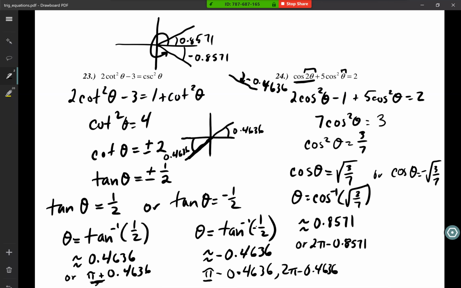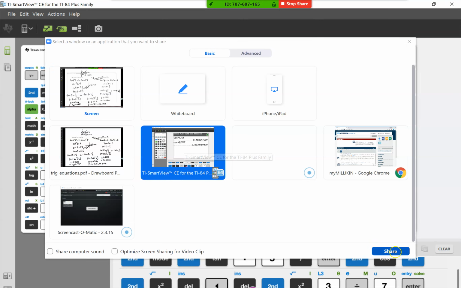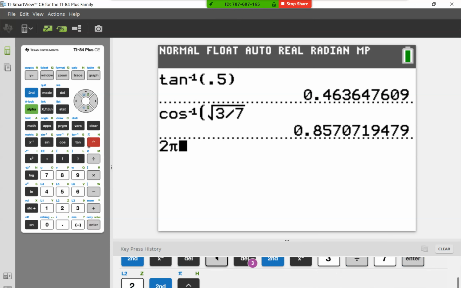Okay. Can we type that exact thing in, or are we going to have to do 2 pi minus that in our calculator? It's going to ask you to round it to 4 decimal places, so my guess is you're going to want to type it in your calculator. So I would just go back up to your calculator here and do 2 pi minus the previous answer.